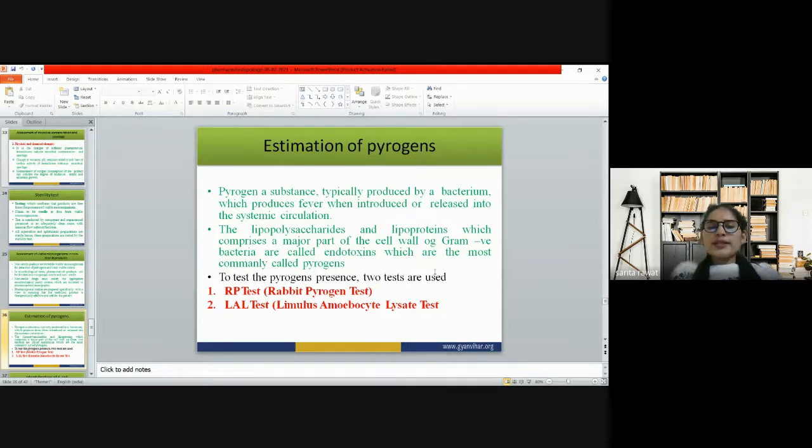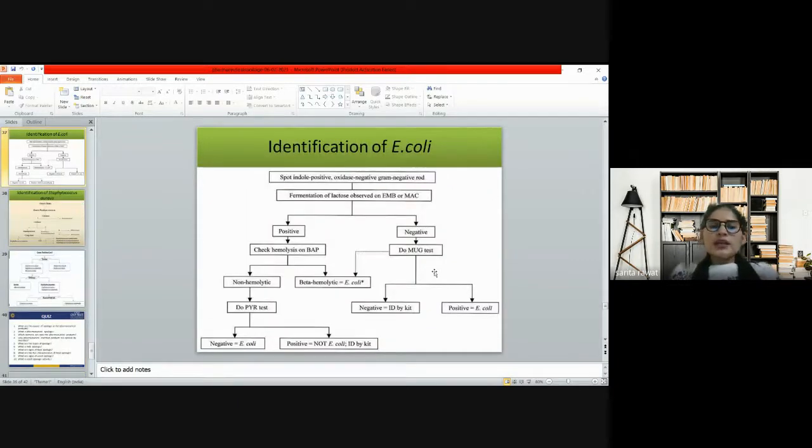To test for the presence of pyrogens, two tests are used. First is the RPT test and second is the LAL test. RPT is the rapid pyrogen test and LAL is the limulus amoebocyte lysate test.